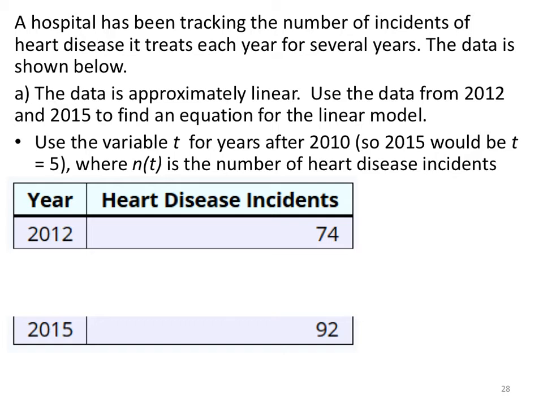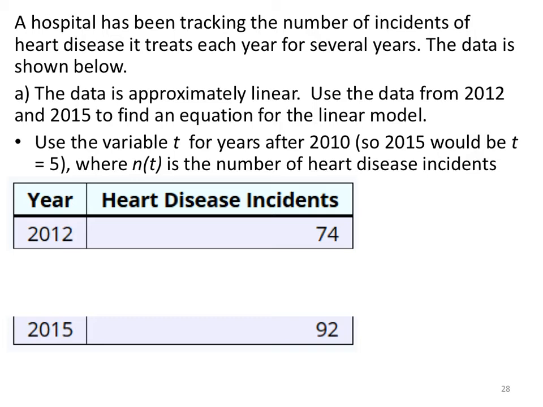Well, here's what we want out of this, the linear model, which is the equation, and we'll write it in function notation after we get this solved. But before we do, we're going to have to figure out what the slope is, right?